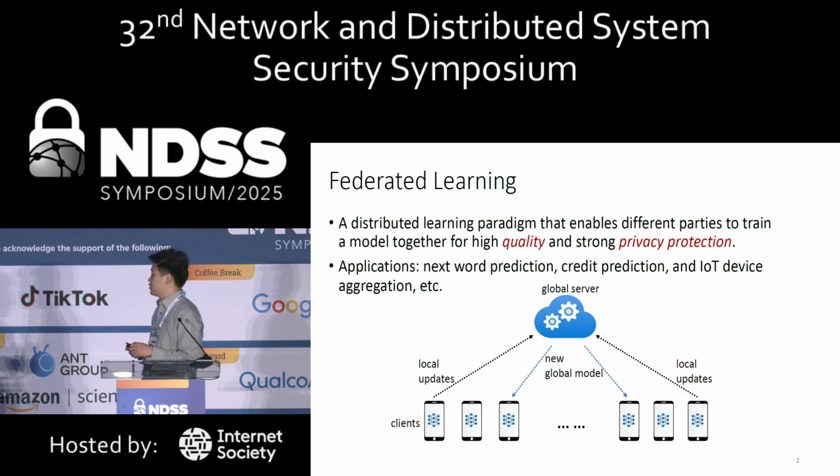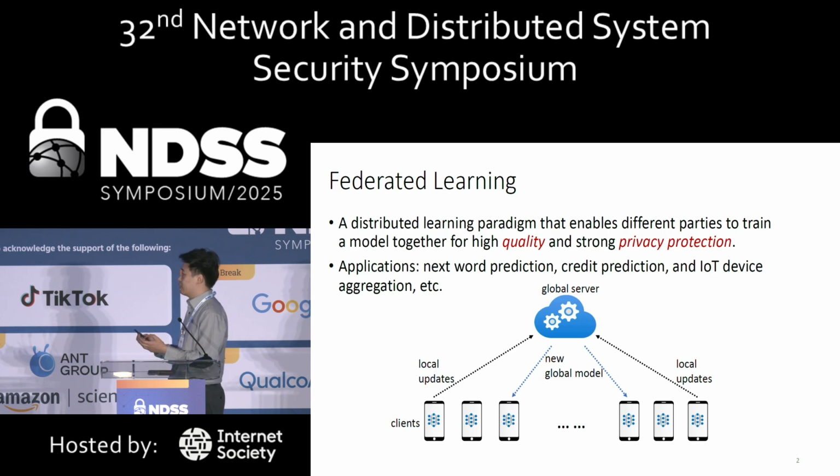Basically, we are a defense, and the threat model assumes the attacker is the server, honest but curious. But what kind of attacks? Inference attacks, membership attacks, or all general attacks? It's a general data reconstruction attack.